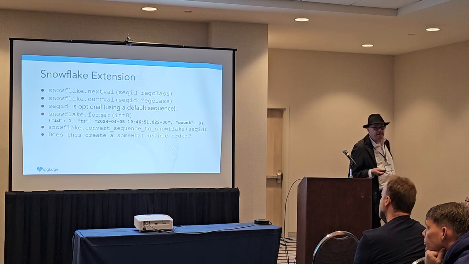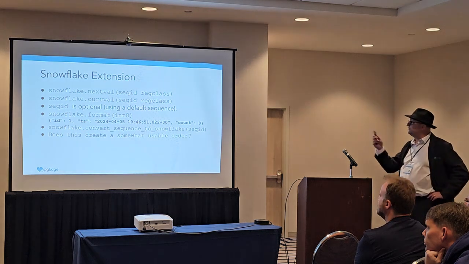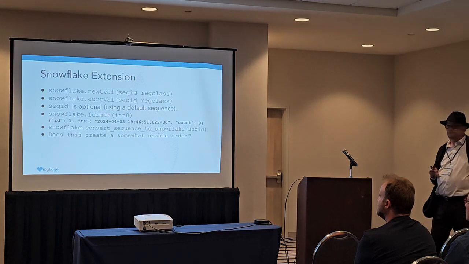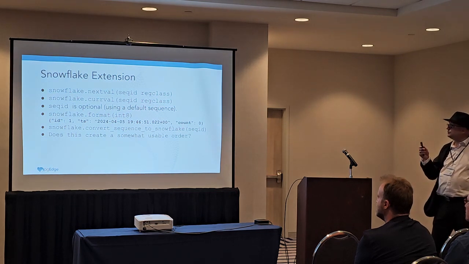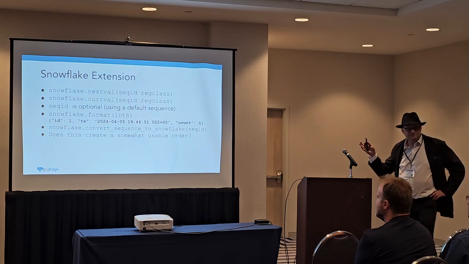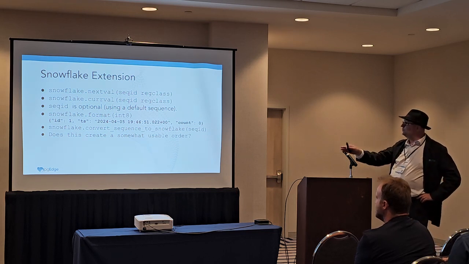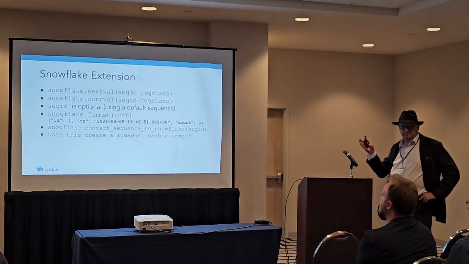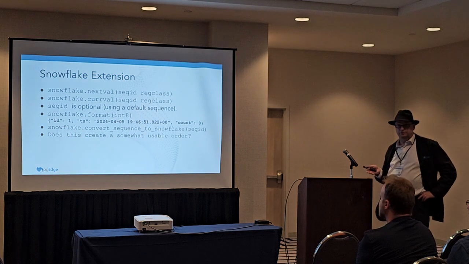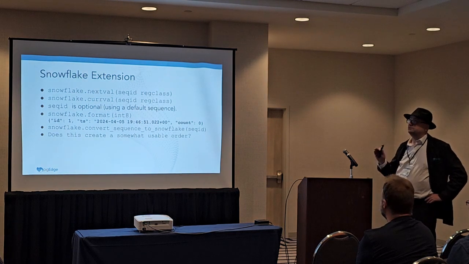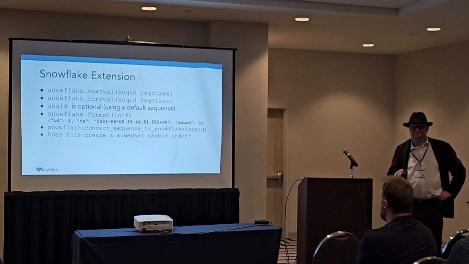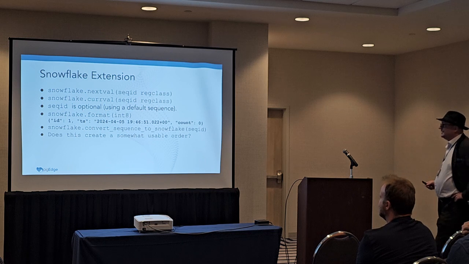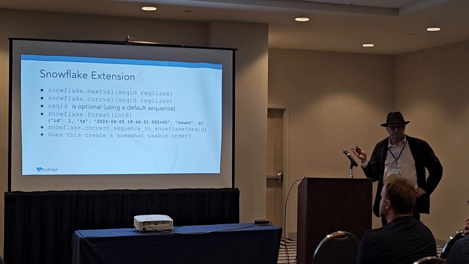Well, we of course have the functions nextval and currval, and we have a snowflake function, which returns a JSONB value that shows you the ID, the 10-bit node ID, which allows for up to 1,024 nodes, well, actually 1,023 since zero is not allowed, the time set in milliseconds, and the count.